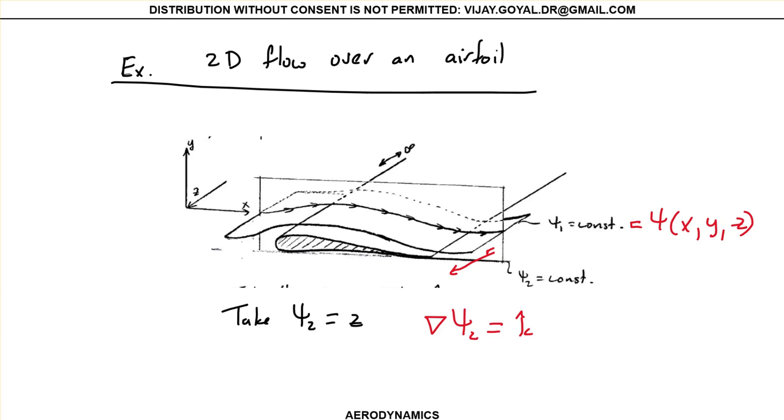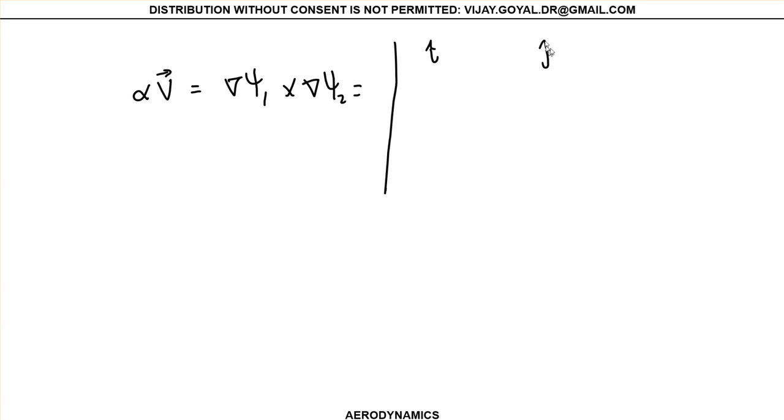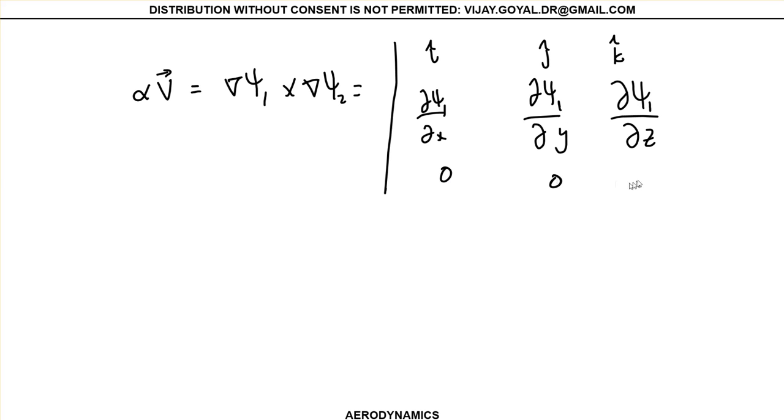So for this particular case, what you're going to have is the following. If I take V and I take the cross product of the gradient of psi 1 with the gradient of psi 2, what you will get is i, j, k, partial of psi 1 with respect to x, partial of psi 1 with respect to y, partial of psi 1 with respect to z, and 0, 0, 1.